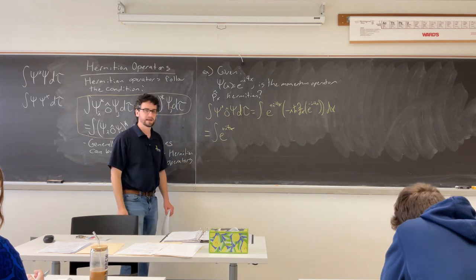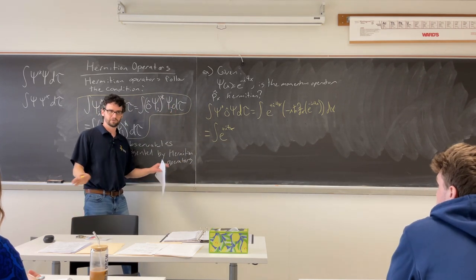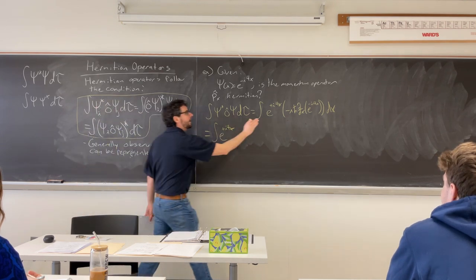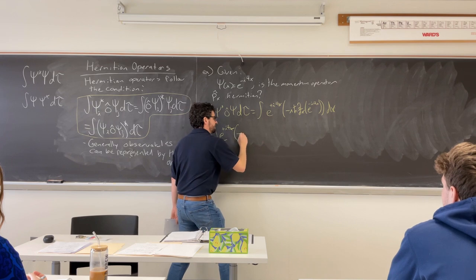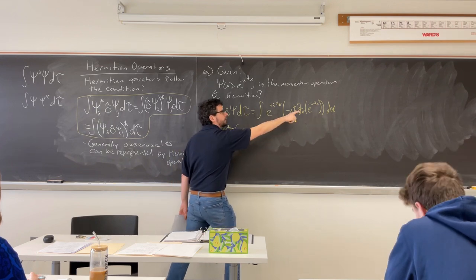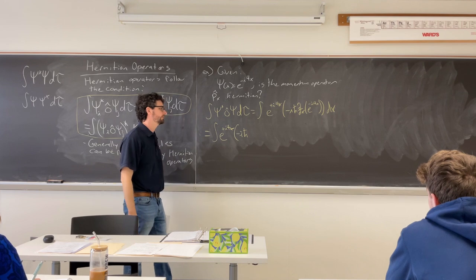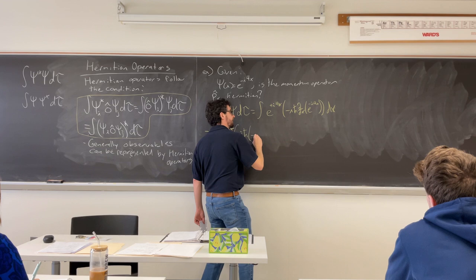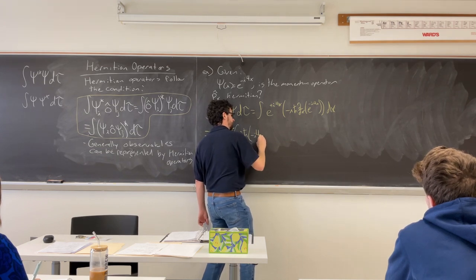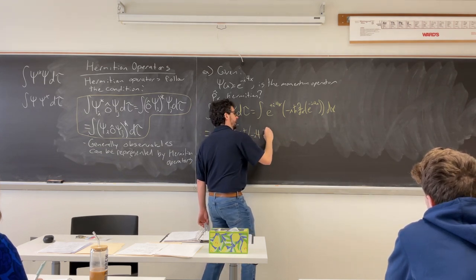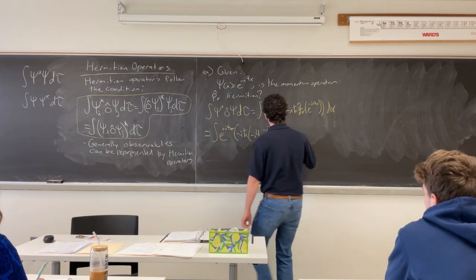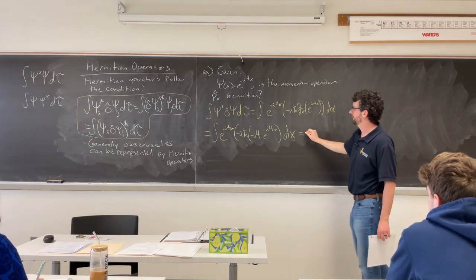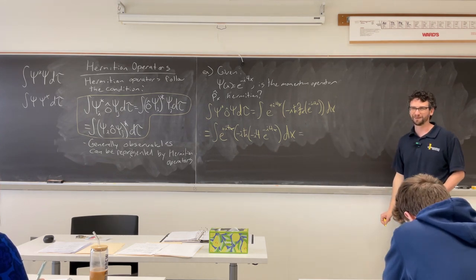I tend to put a sign in front of my i's because I get confused. If it annoys you, I'm sorry. Negative i h bar times the derivative of this. Okay. A lot of i's floating around right now.